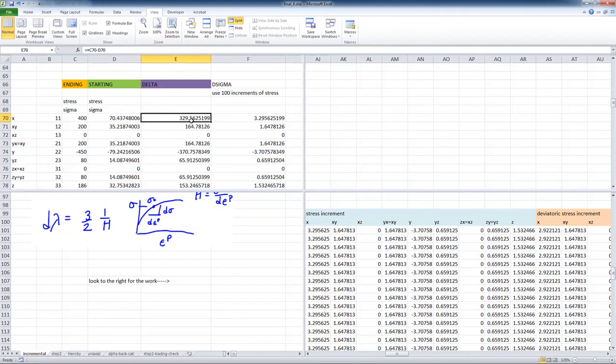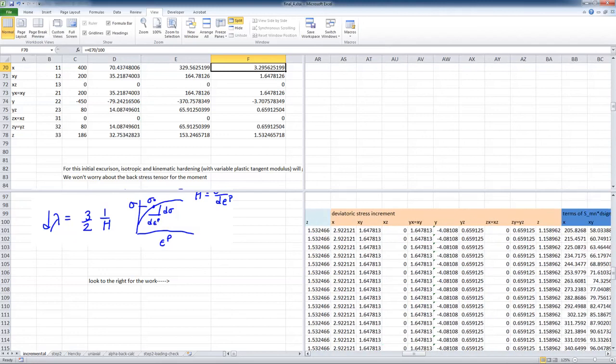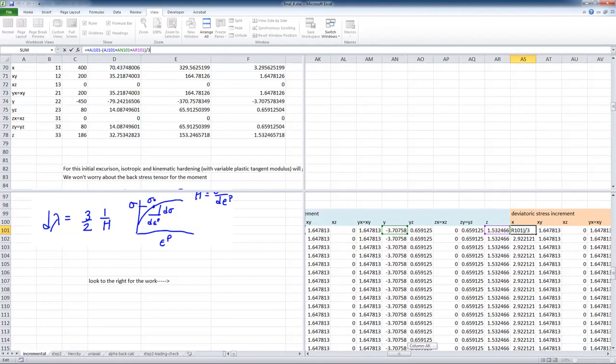Okay, so this is my delta, and this is this by 100. So my deviatoric stress increment I calculated based on my stress increment.